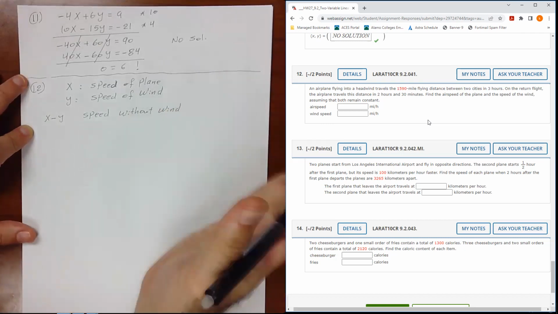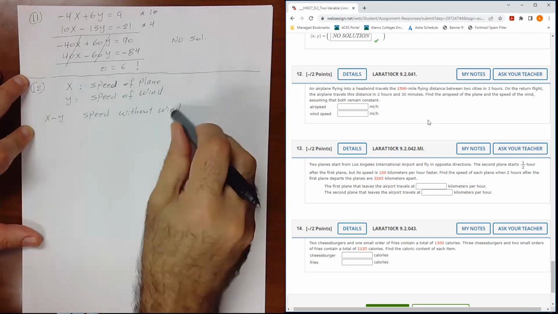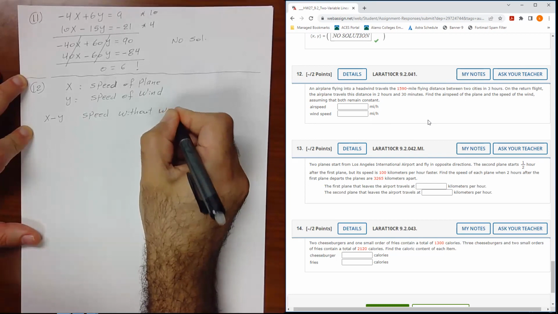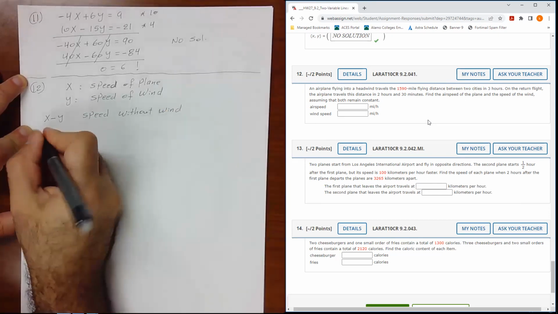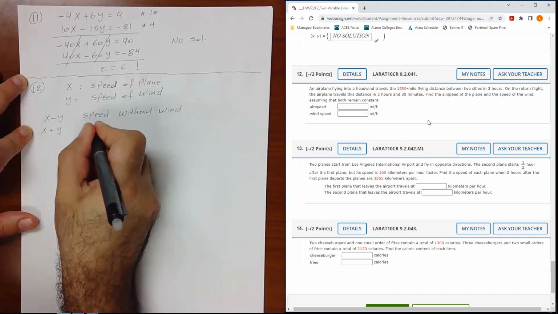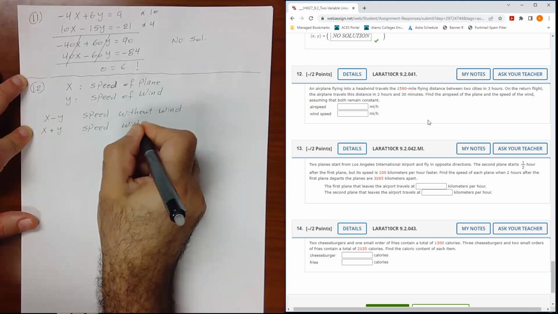Must mean the plane goes in a different direction than the wind, so without the help of the wind. So if it's with the wind, it's going to be plus. Now the speed with wind.